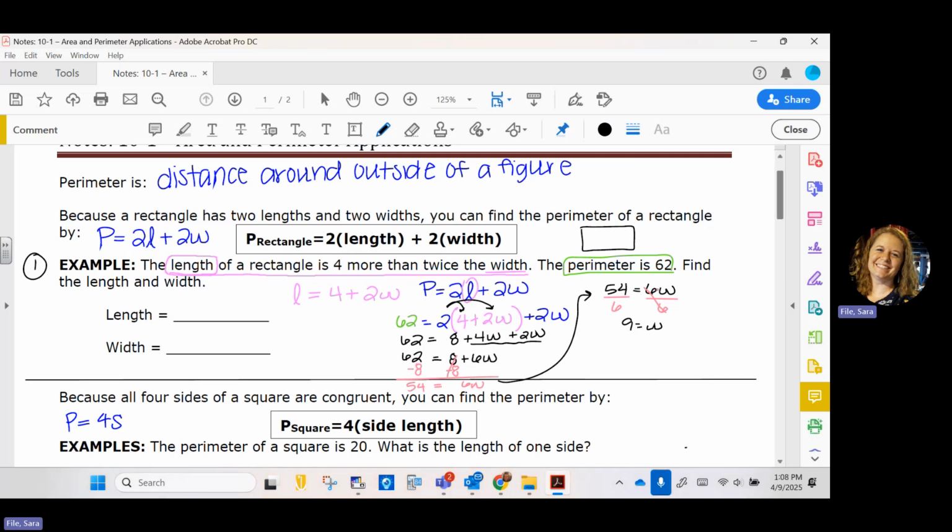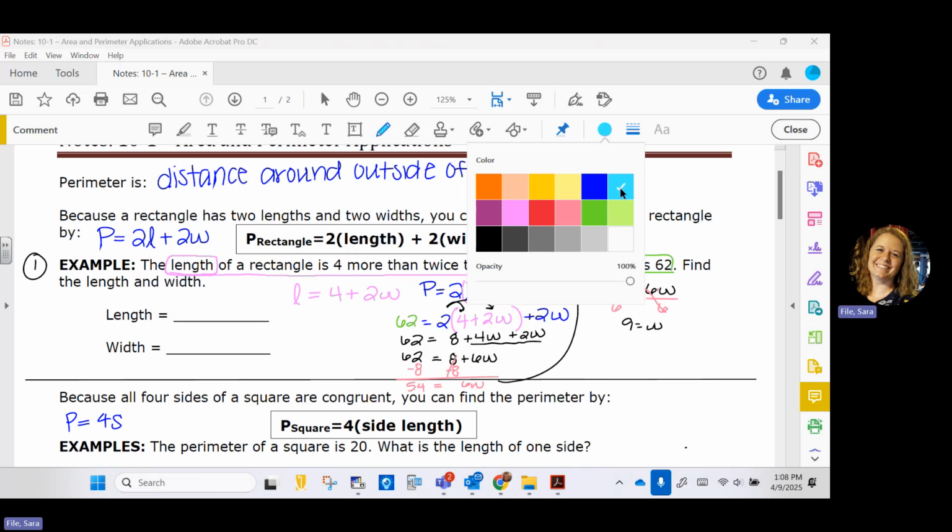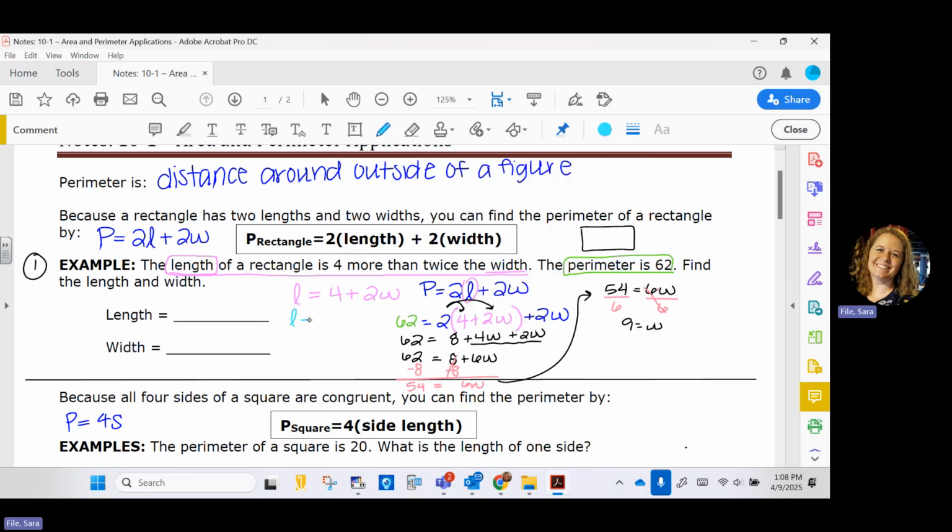Now I can come back here to find the length. Okay, it says the length is 4 plus 2 times W, and W is 9.